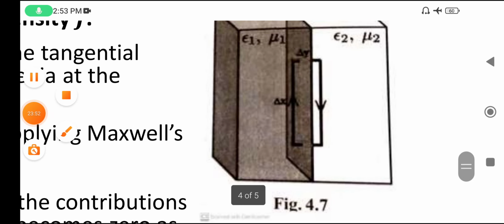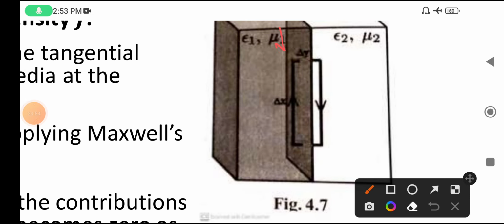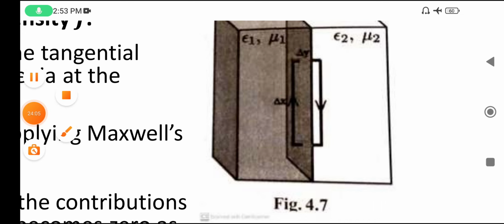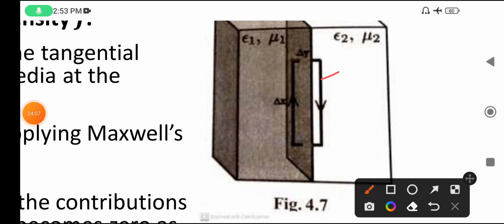So it is tangential. Here the magnetic field we have to apply like this. So through this also a certain field will pass on either side of the boundary. Then consider one loop, that is why they have considered this loop. The loop on this side has a delta x width, and this is the area dS.